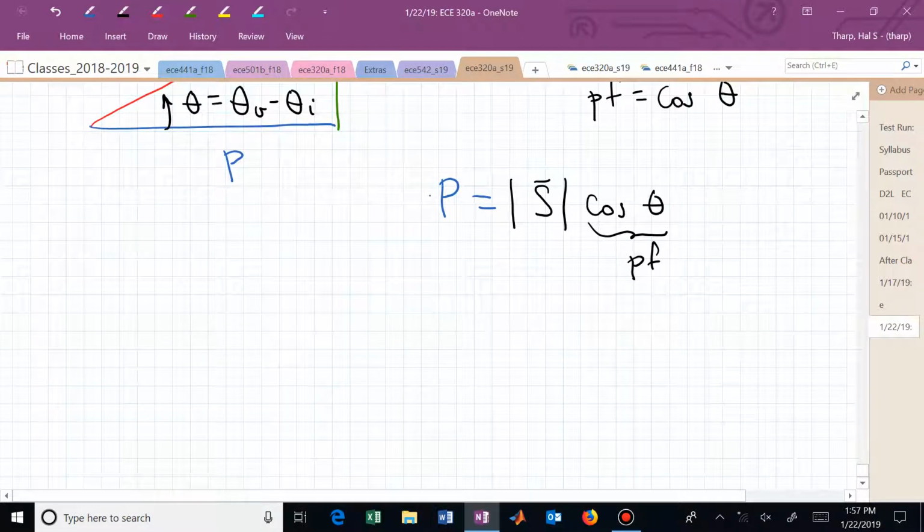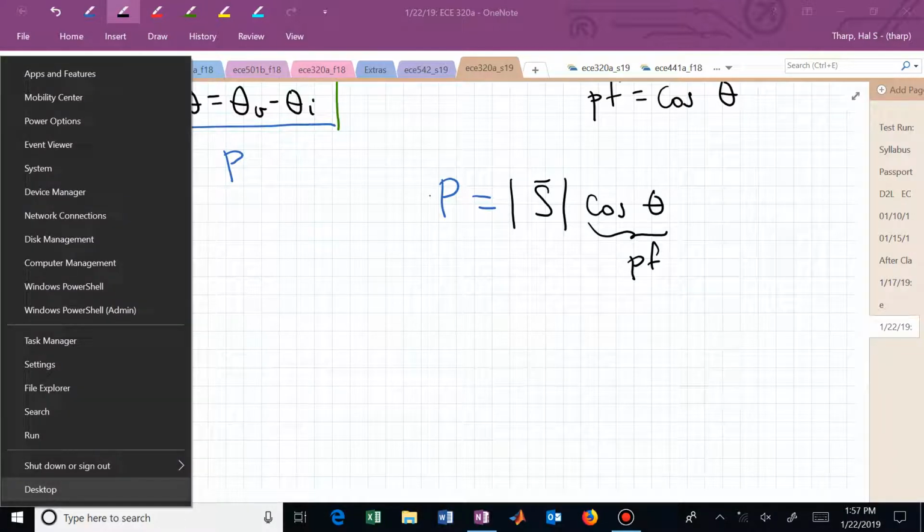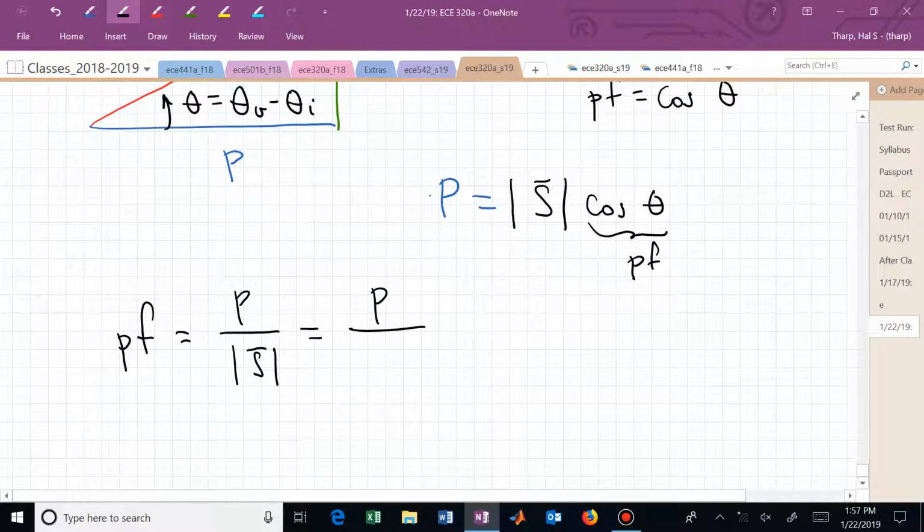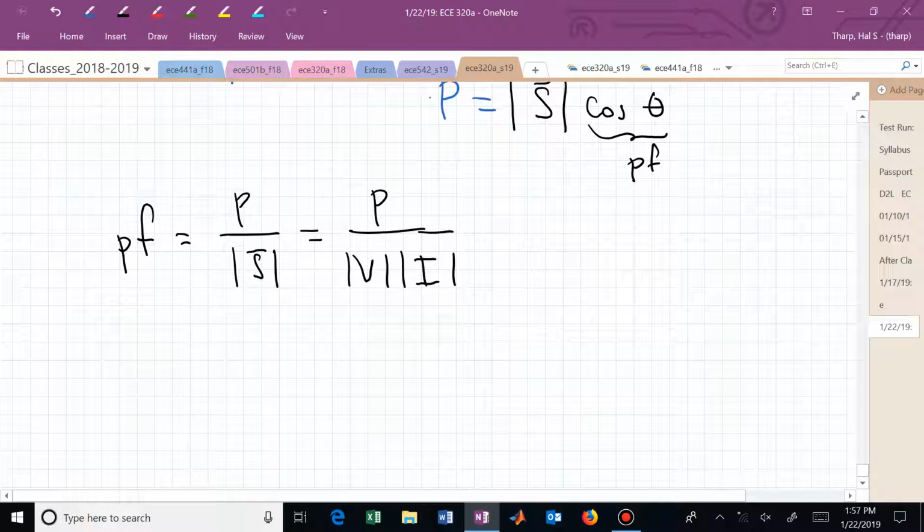Or if somebody wanted, they could say, oh, I actually need the power factor, and the power factor now we can find if somebody gives us the real power and the apparent power, or we can know that the apparent power is just the magnitude of V times the magnitude of I for that particular system.